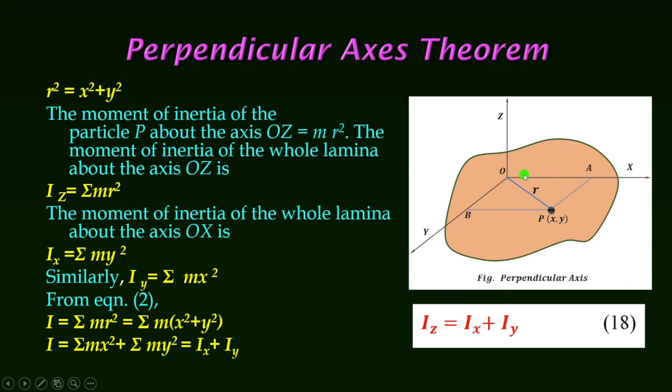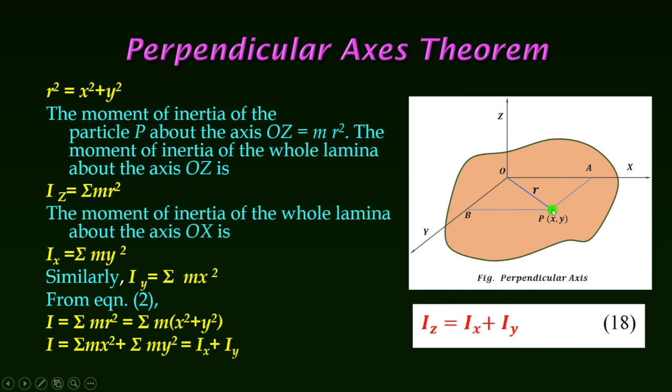We need to calculate Ix and Iy, about the x and y axes. Now, from the origin, the distance of a particle of the body is r, and its coordinates are x, y. So for this particle, the distance from the x axis is y, the distance from the y axis is x, and the distance from the z axis is r.